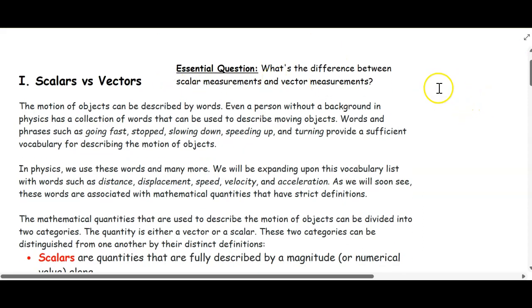So the essential question here is, what's the difference between scalar measurements, scalar, and vector measurements? The reason we did the lab on Friday to start this is because I wanted you to have experience with vectors before we talked about them. Because now that you've plotted vectors, you've measured them and you went in the correct angle as well.